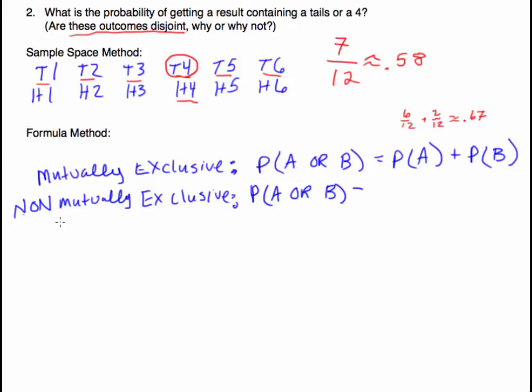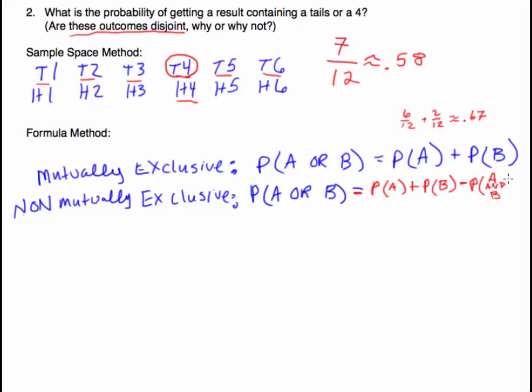So if 2 events are non-mutually exclusive, what we need to do is take the probability that the first event happens, add that to the probability of the second event, but remember to subtract out the probability that A and B both happen.